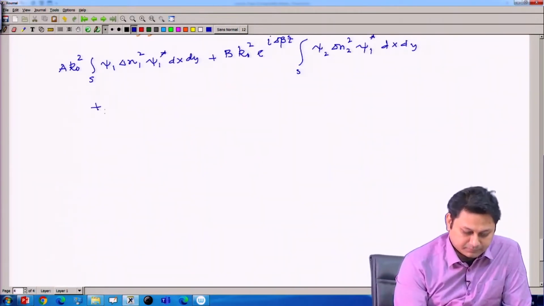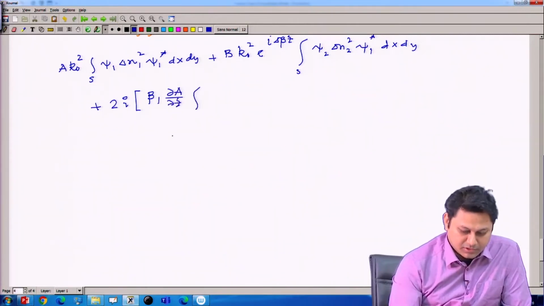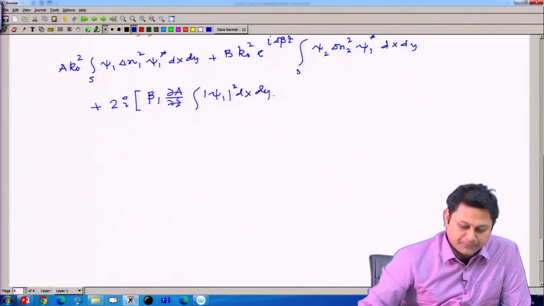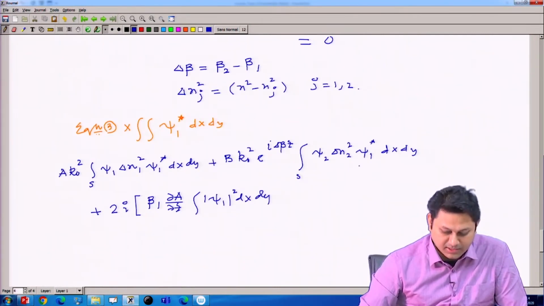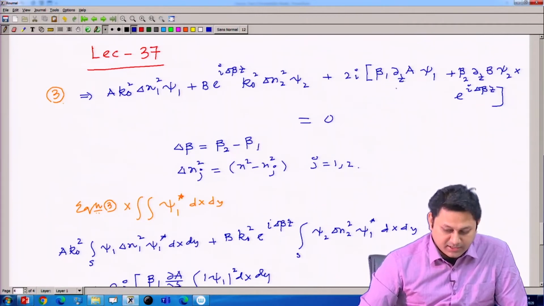Plus 2i beta 1 del a del z, then integration of mod of psi 1 square dx dy. Here I have this term delta n1 square, here I have this term delta n2 square. So this term is now taken care of. Now, when I integrate, here I have psi 1 and psi 2.